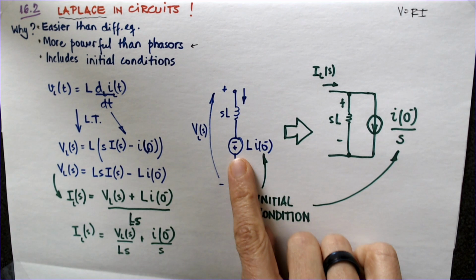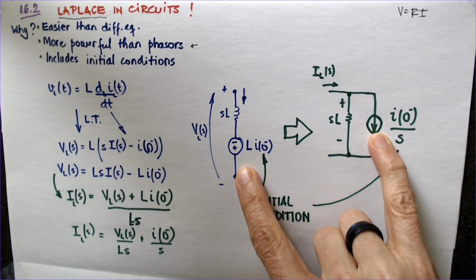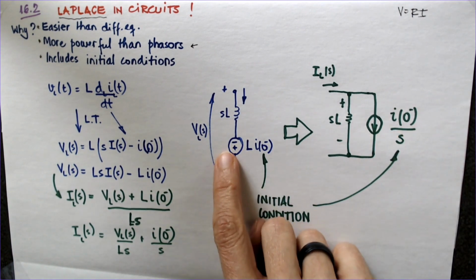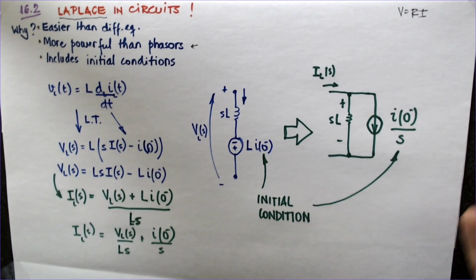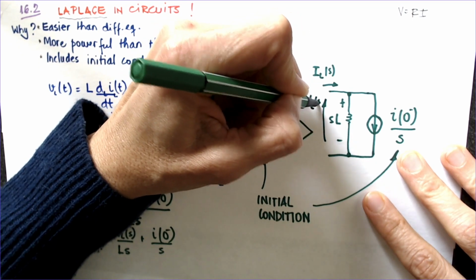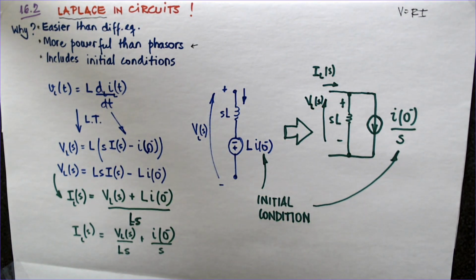But here you see for the first time how we can use these. The Laplace transform is the only new concept in this class. Is this use of initial conditions in both inductors and capacitors. So in the next video, I'm going to show you how to do that same thing with a capacitor.